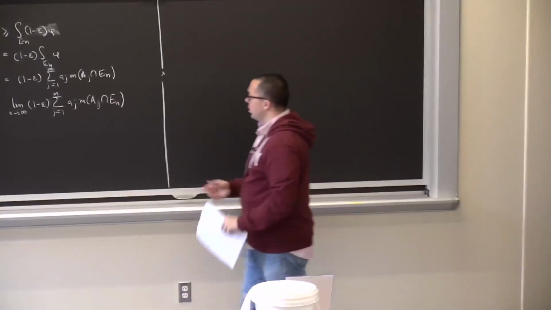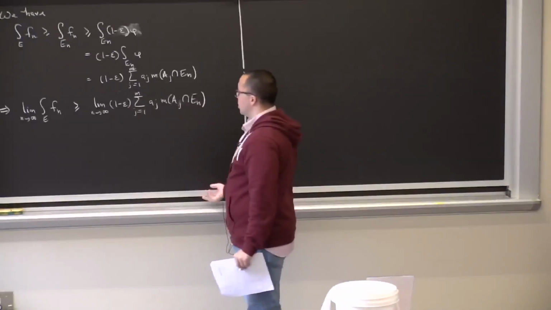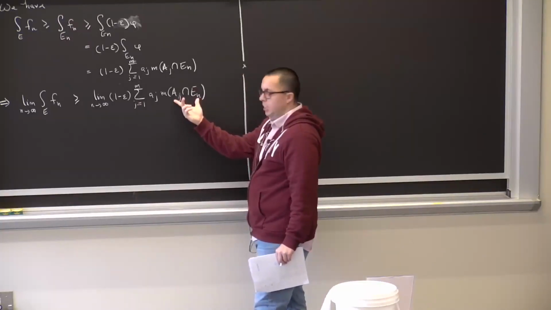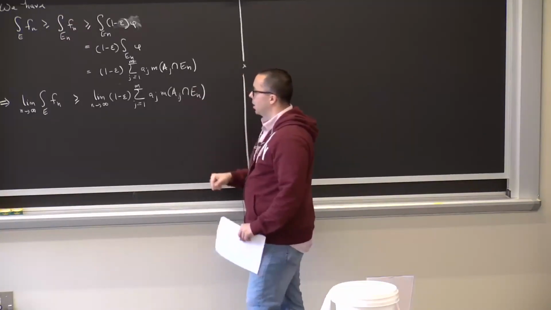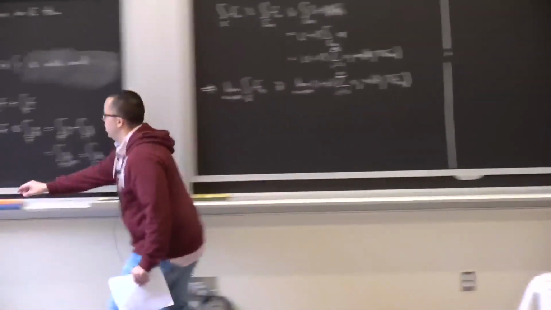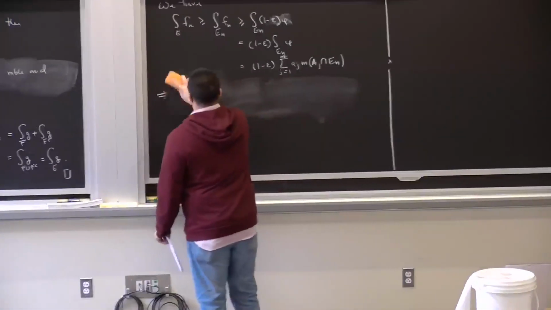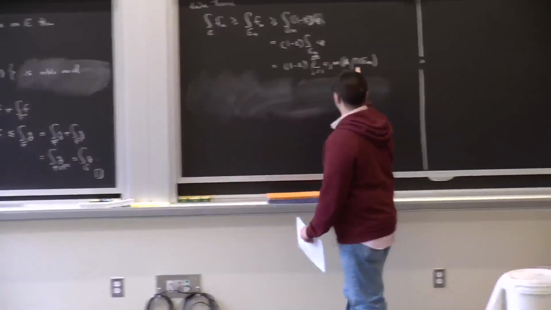Now, the E sub n's are increasing to E, and therefore for each fixed j, so in fact, let's pause on this real quick and come back to this thing.